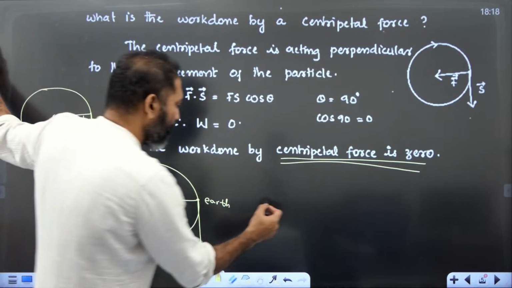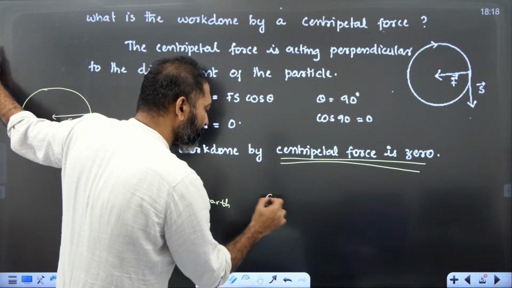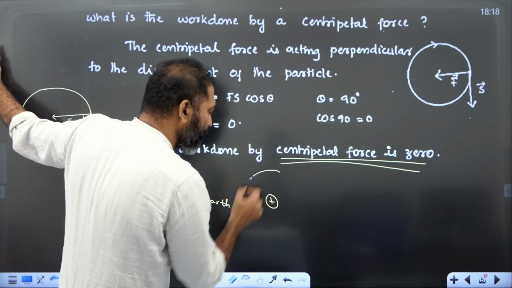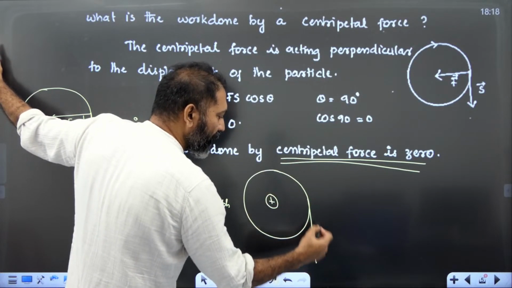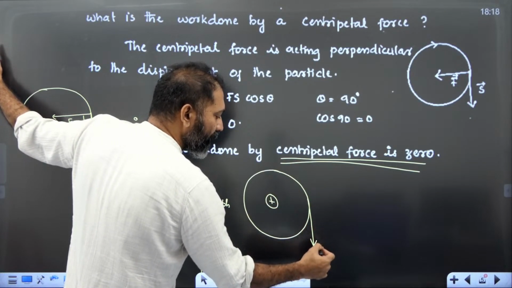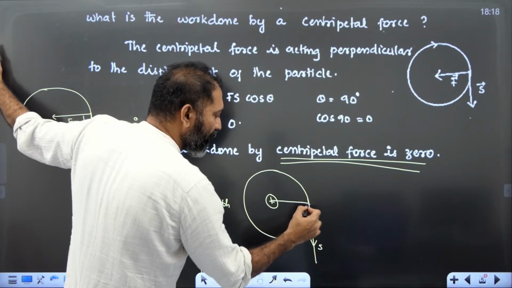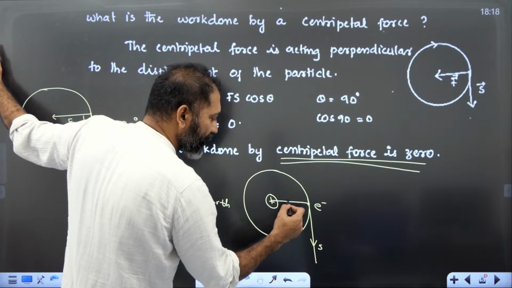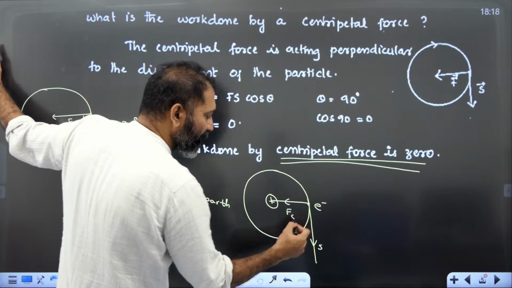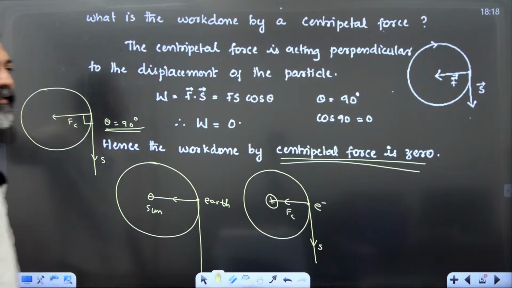0. And in the case of an atom, at the center there is a nucleus and an electron is revolving in a circular orbit. So what is the angle between the centripetal force and displacement? This is the centripetal force, this is the electron. Direction of displacement is along the tangent. So centripetal force and displacement are perpendicular to each other.